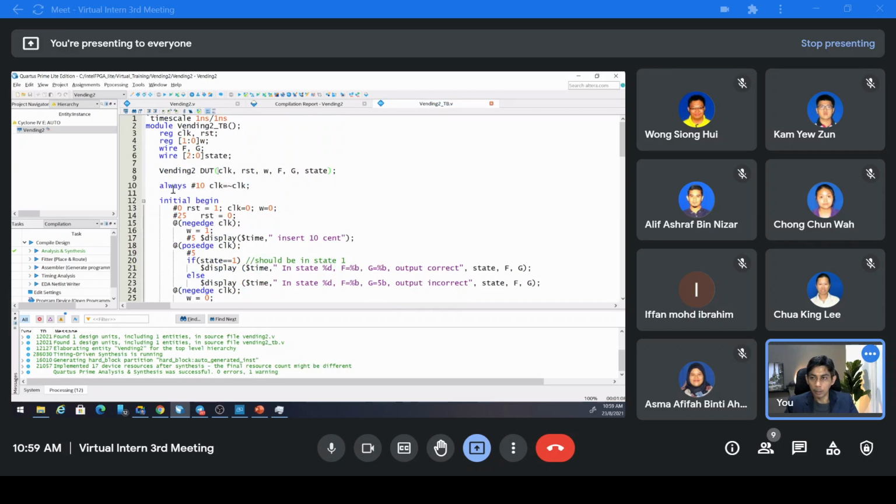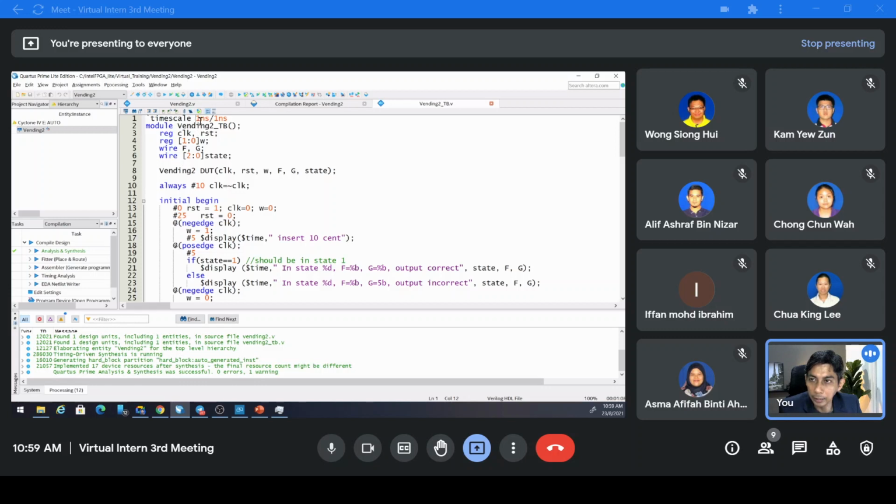All right, so there are two methods. I give you the first one here. You can use always. This is time, meaning that every 10 nanosecond. Why 10 nanosecond? Because our time scale is 1 nanosecond. So if I write any time here, 10 means that this is multiplied by 1 nanosecond.